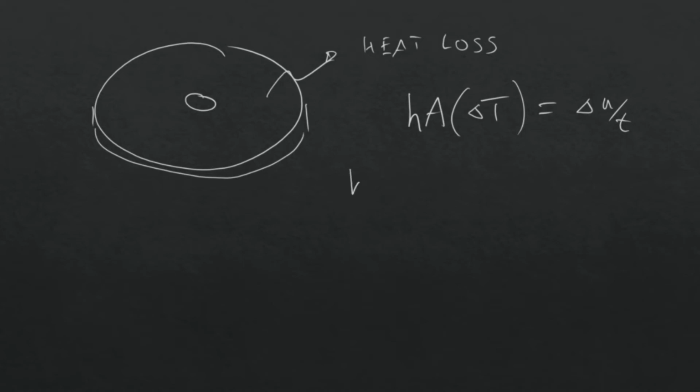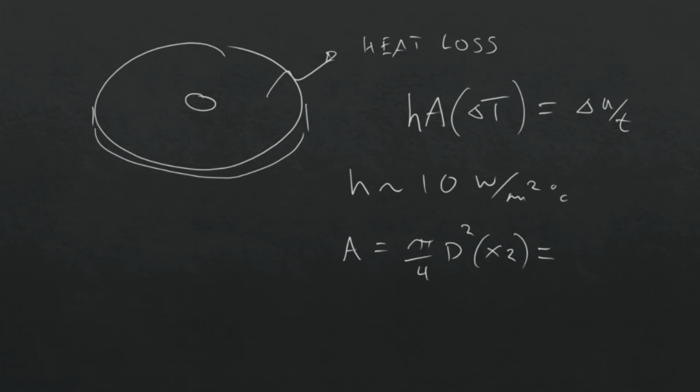So if we assume that H is approximately equal to 10 watts per meter squared per degree C, and if we say that area is equal to pi over 4 d squared times 2, because it's top surface and bottom surface, and if we neglect the perimeter, then that area for a 1 meter disk is going to be about 1.57 meters squared. And that's neglecting the hole.